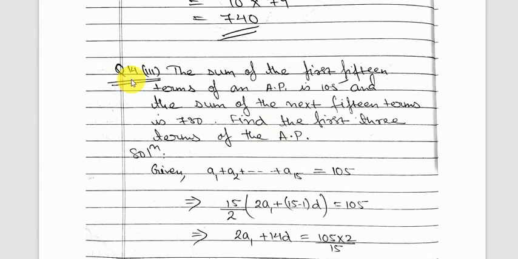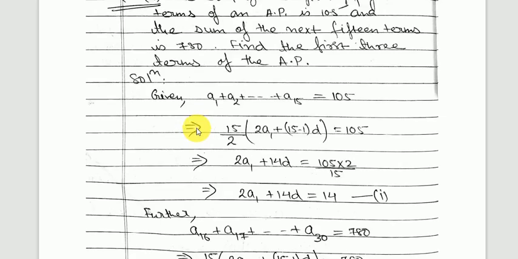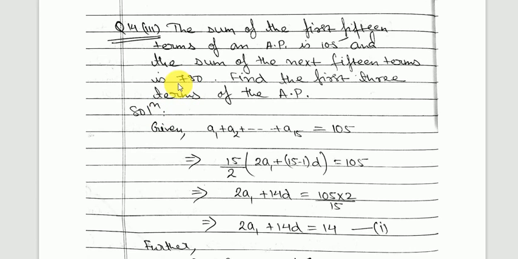Now question number 14.3. The sum of the first 15 terms of an AP is 105. So S15 is 105. And the sum of the next 15 terms is 780.